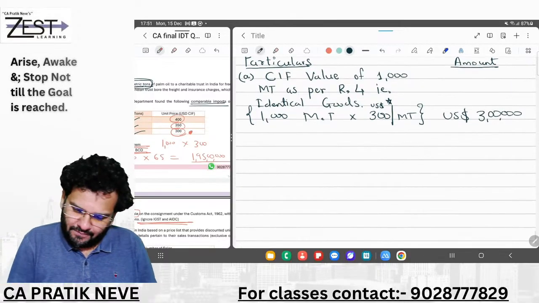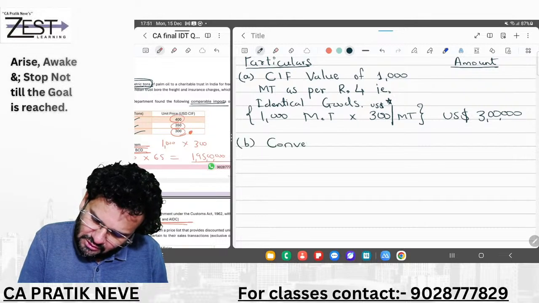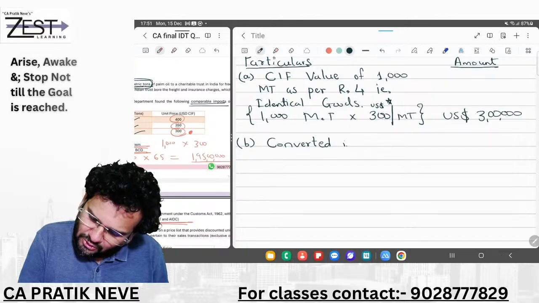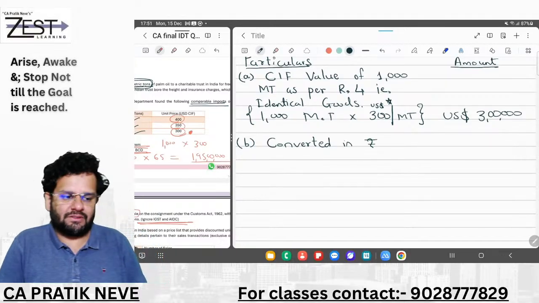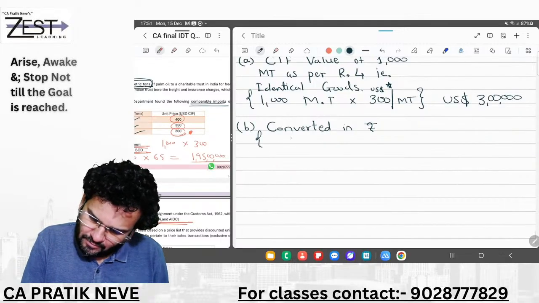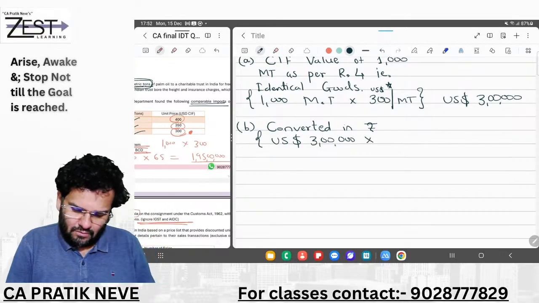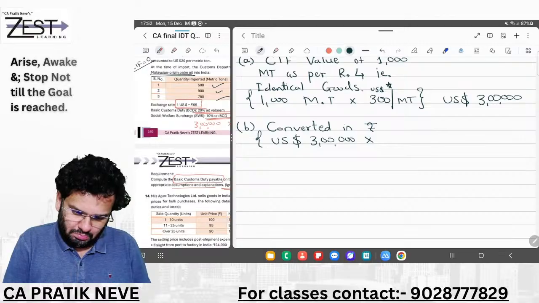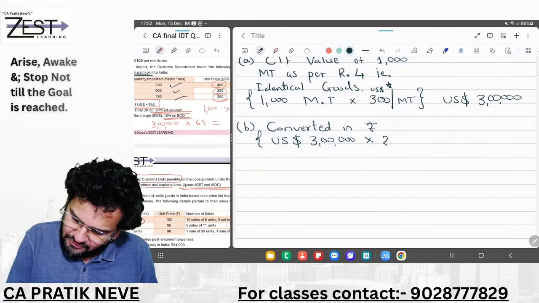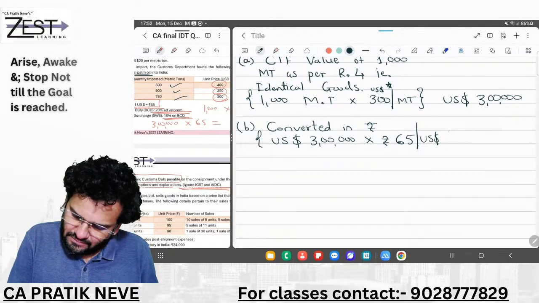How we got? B point, converted in rupees. Can you calculate it converted in rupees? How to calculate? US dollars 3 lakh into rupees 65 per US dollar.